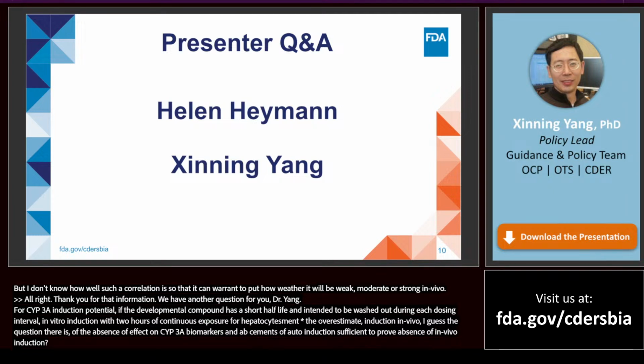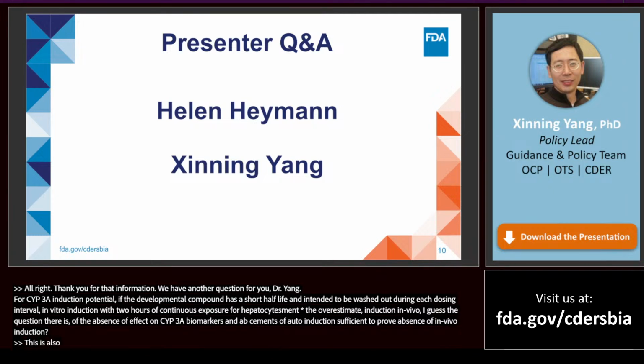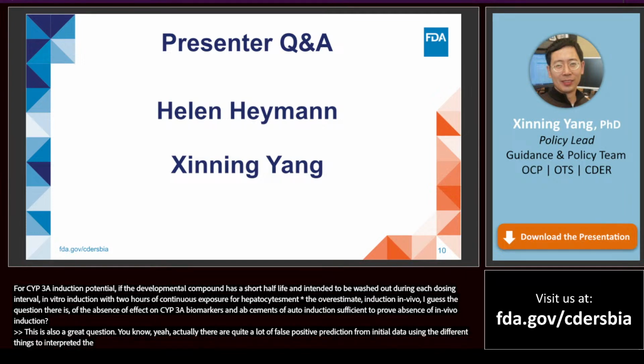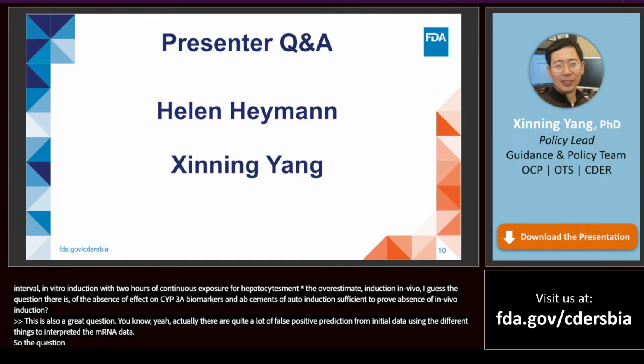Yeah, this is also a great question. Actually, there are quite a lot of false positive predictions from in vitro data using the different methods to interpret mRNA data. So this question raised an interesting one about the CYP3A biomarker.